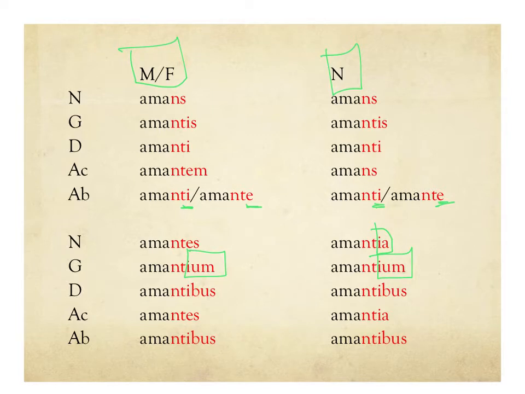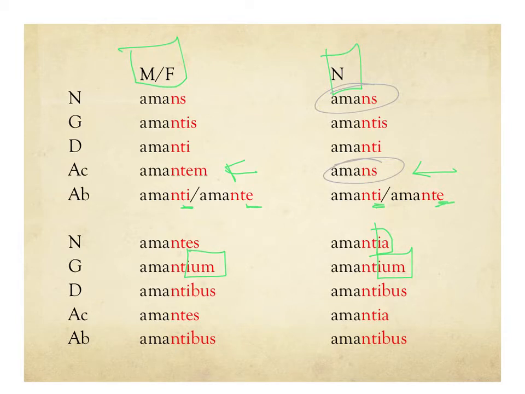So amans, amantis, amanti, amantem in the masculine and feminine, or amans, right, because the nominative and accusative are always the same in the neuter. Amanti or amante. We'll talk a little bit later about why we need these two forms. Amantes, amantia.